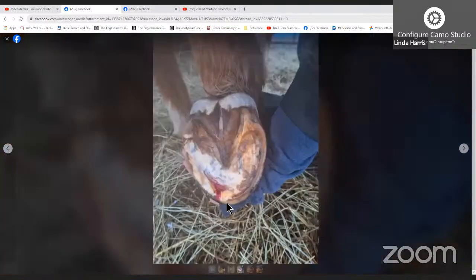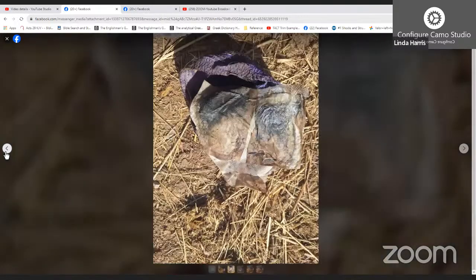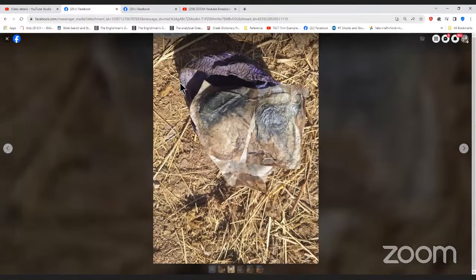Okay, so here's where she opened up an abscess. Now you might have got all of that down enough. Let's look at it. So that's where the abscess was, and you can see where she had to take out the sole so it could drain. That was last night's picture.